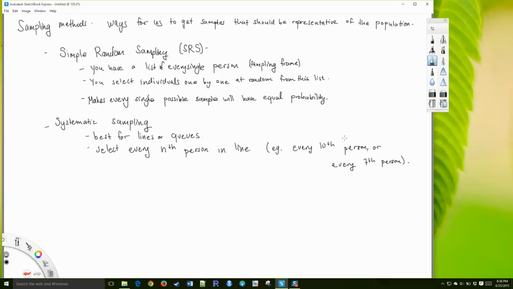What is the word best for lines or queues? Queues, thank you. Right? Like if you form a queue behind, I don't know, a customer service phone call center.